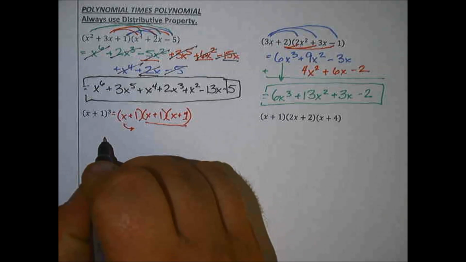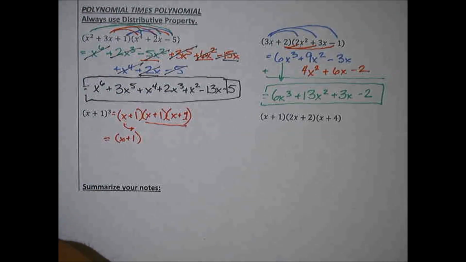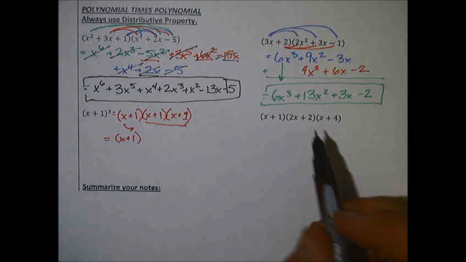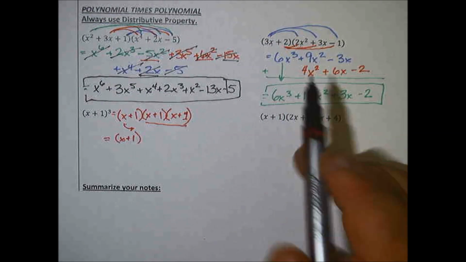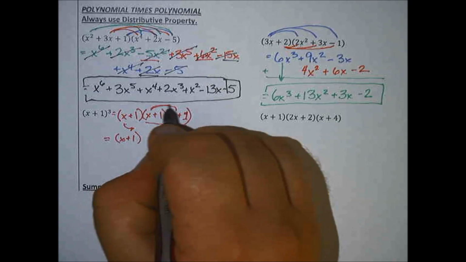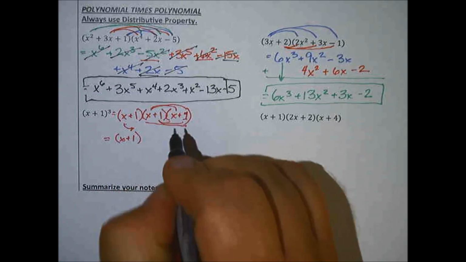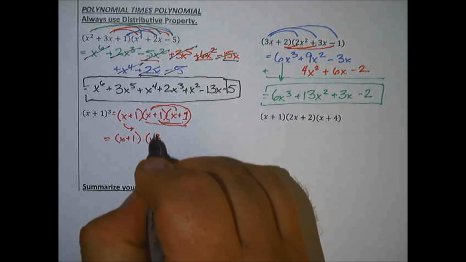Okay, welcome back. So like I said, I'm going to leave the x plus 1 at the start. I'm going to leave that for a little bit. I'm actually going to end up with a problem that looks like how this one started. Okay? So x plus 1 times x plus 1. That's first, outsides, insides, last. X times x, x squared.